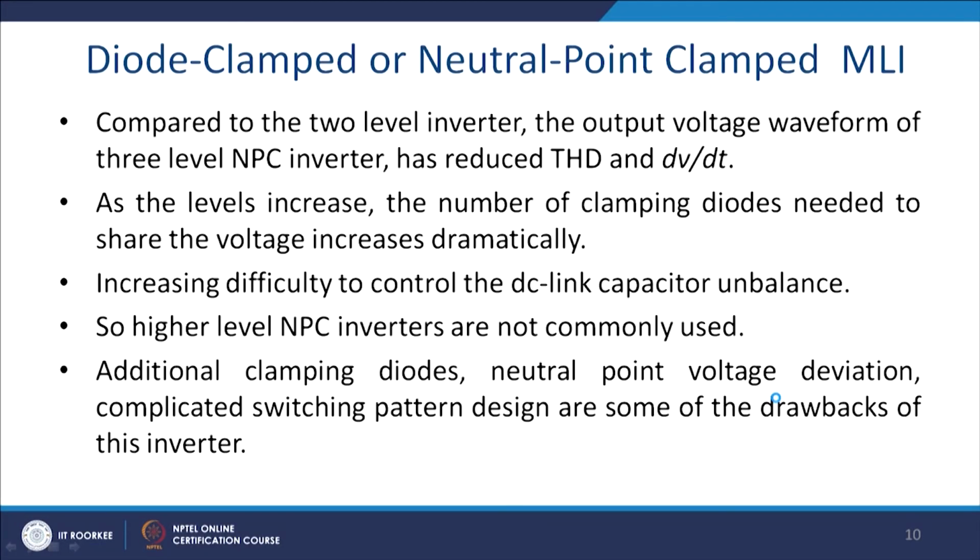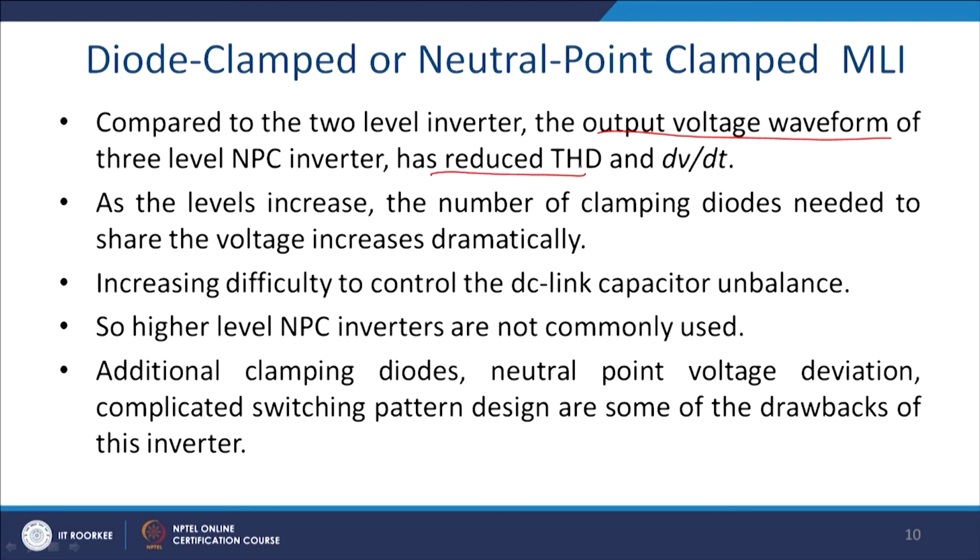Now, what are the advantages of the diode clamped or the neutral point clamp MLI? Compared to the 2 level inverter, the output voltage waveform of the 3 level inverter has reduced THD.